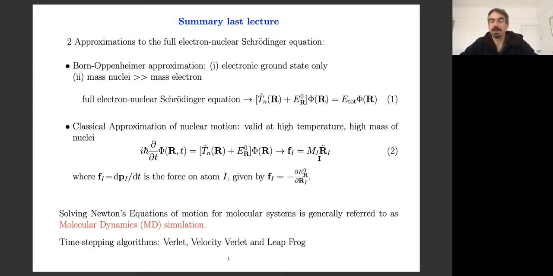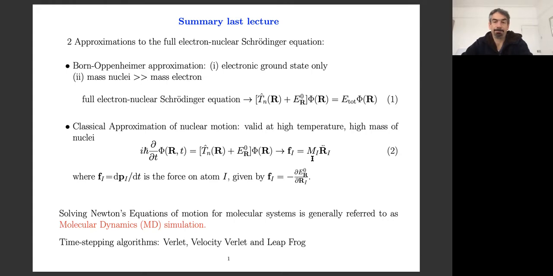That's a major, drastic simplification, because instead of the nuclear wave function, you just have the positions of your nuclei. They are now point particles, and they just accelerate in time according to force divided by mass, right? So that's the major simplification.